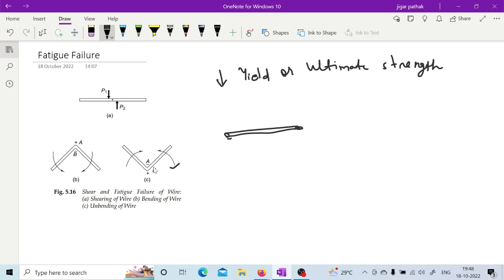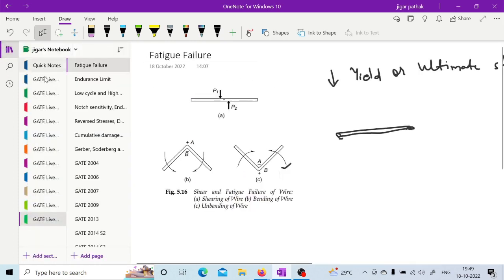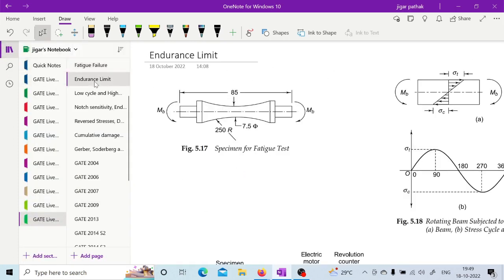Or the nature of stress is changing, and it has this kind of cyclic nature. Because of this nature, the failure will occur prior to its yield strength or ultimate strength, right? So this bending and unbending of wire can make it fracture without reaching its yield strength or ultimate strength. This is the simple example of fatigue failure.